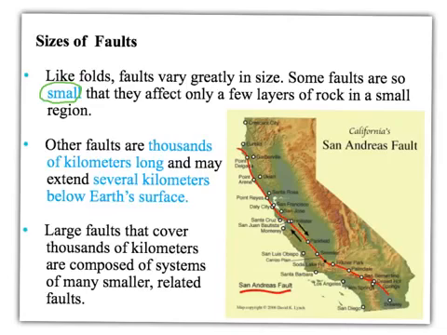The most common or the most studied fault, and probably the most well known to you guys, is the San Andreas Fault, which runs through California. Alright, it covers most of the state of California. Here's San Francisco, San Jose right here.